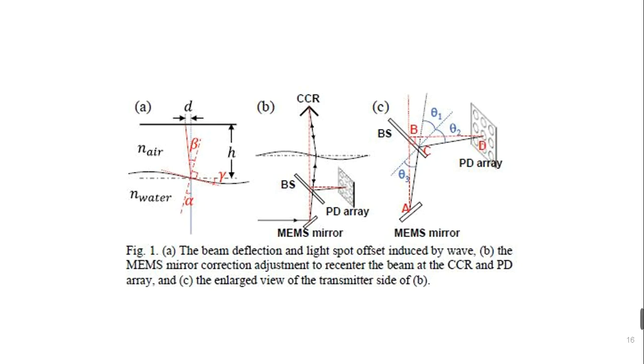When a light beam propagates through the water-air interface, the light spot position on the receiver varies with the change of the wave slope, resulting in a time-varying offset from the detector, as shown in Figure 1a. Part B shows the MEMS mirror adjustment to recenter the beam at the CCR and the PD array. Part C shows the enlarged view of the transmitter side of B.